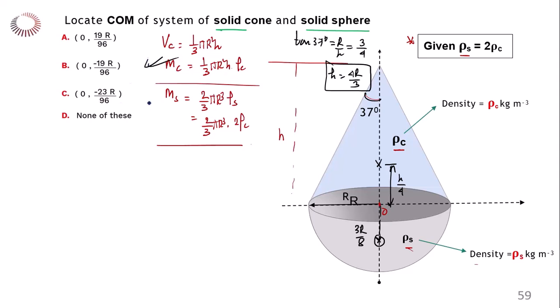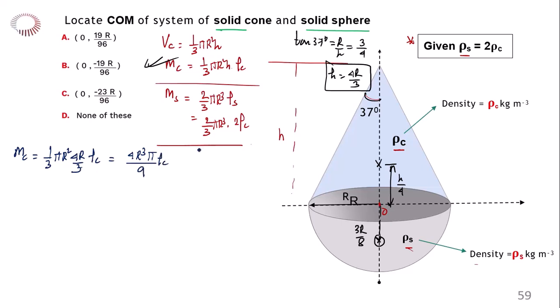If I put h equal to 4r by 3, mass of the cone equals 1 by 3 pi r square into 4r by 3 into rho c. So ultimately I am getting 4 pi r cube by 9 into rho c.